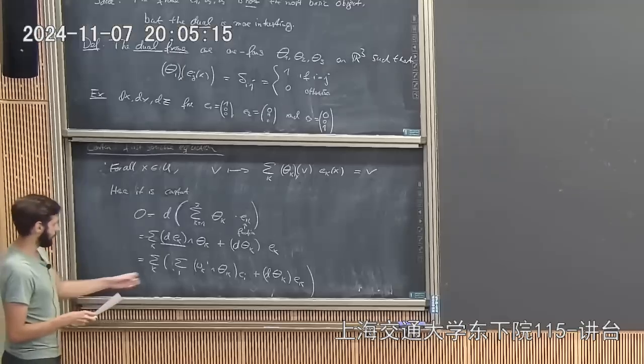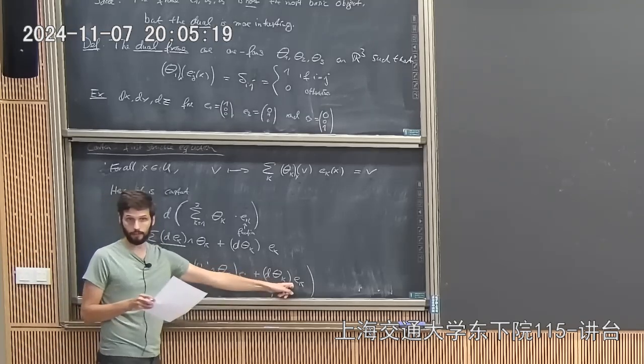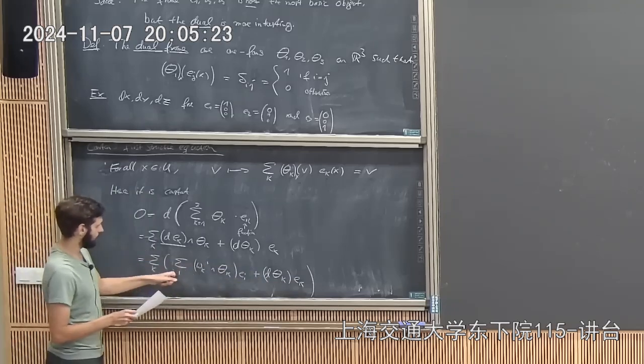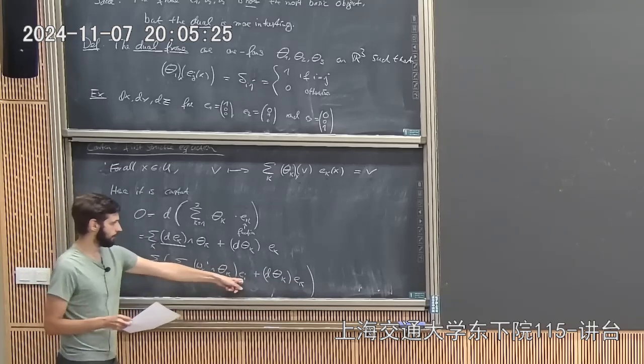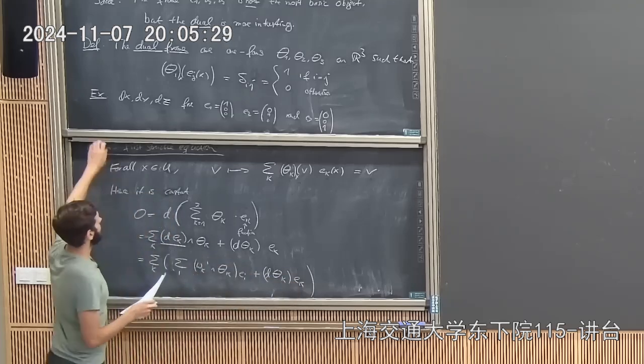And now we see here we have the sum over e_i, and here we have the sum over e_k. So now it's the trick to take this inner sum and rename them so that we collect all the same basis elements.